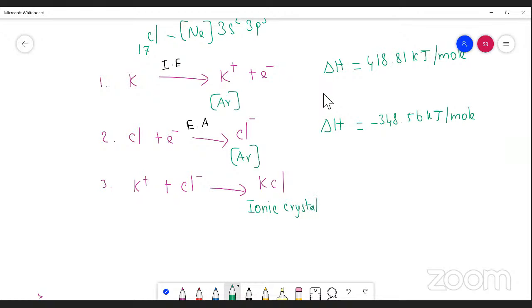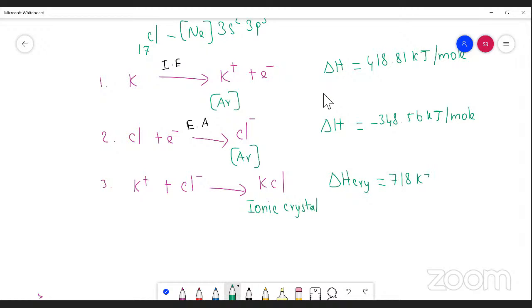Okay. But here in the ionic crystal formation, the delta H value is for 1 mole of K plus attracted by 1 mole of Cl minus, and the delta H of crystallization is 718 kilojoule per mole.